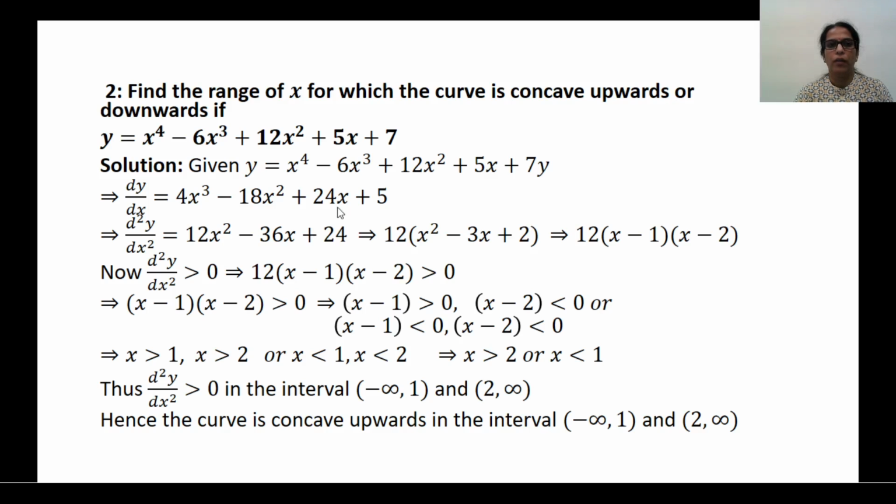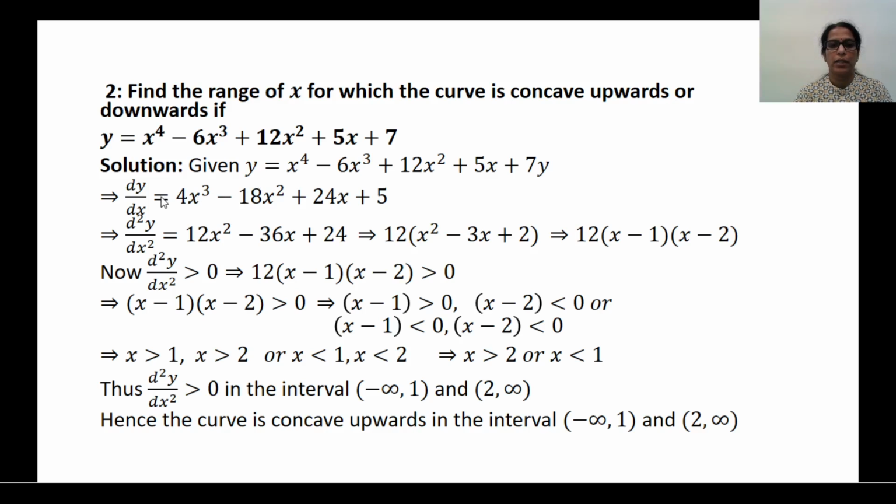Next problem. Find the range of x for which the curve is concave upwards or downwards, if the given function is y equals x to the power of 4 minus 6x cube plus 12x square plus 5x plus 7. Now differentiate this twice to find d square y by dx square.